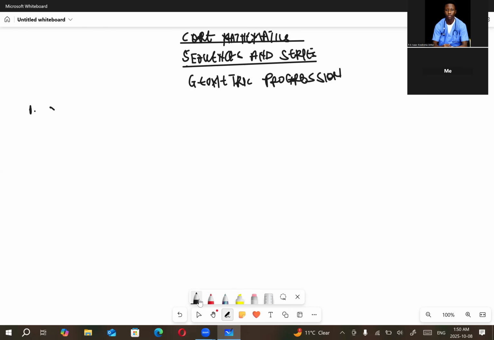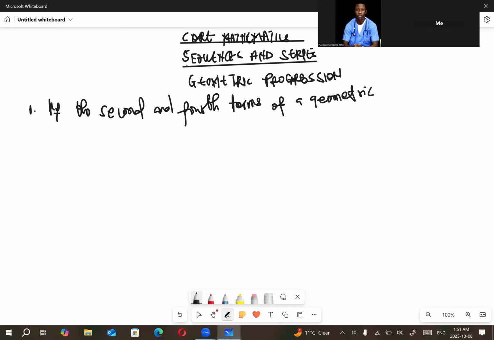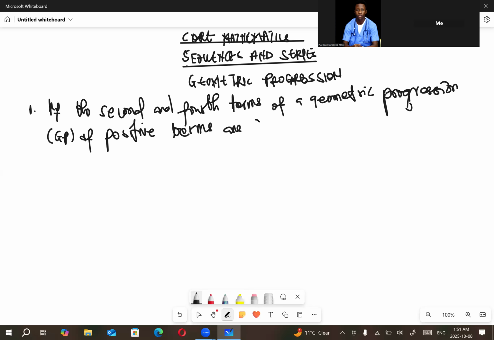If the second and fourth terms of a geometric progression, GP, of positive terms are 8 and 32 respectively.